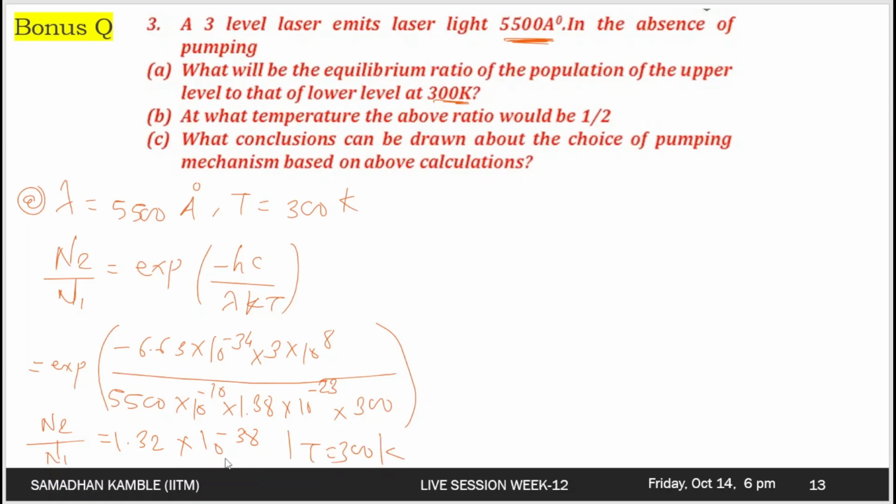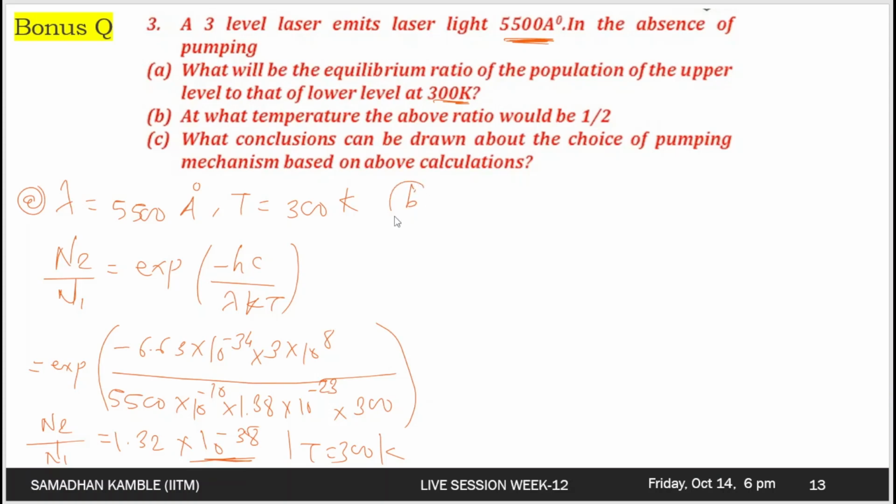So you can see that this is an extremely small number. So at around room temperature, there is an extremely low probability that you will see an electron in the higher level N2 as compared to N1. The fraction is quite small.